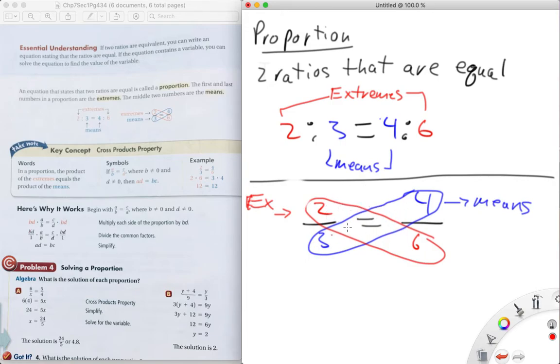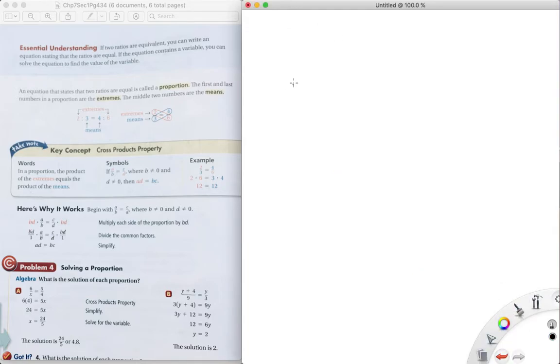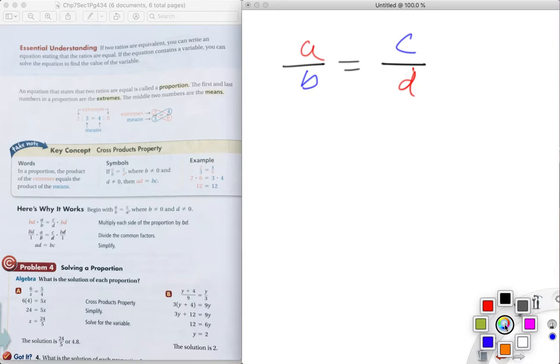So we set them up usually as fractions, which leads us to the cross products property, or cross multiplication. When we have a proportion, and you guys have been doing this for a while now, the product of the means is equal to the product of the extremes.